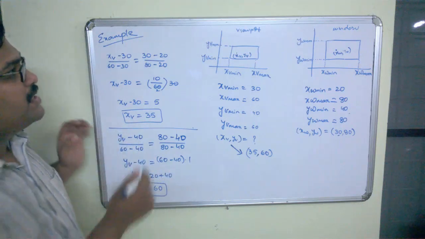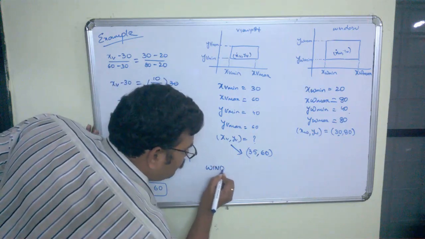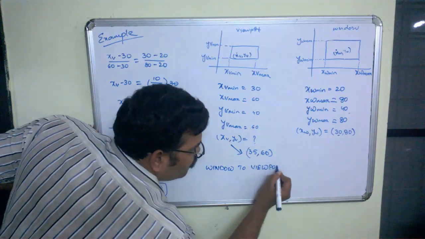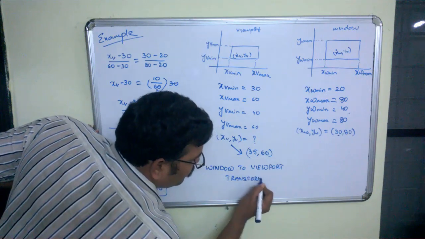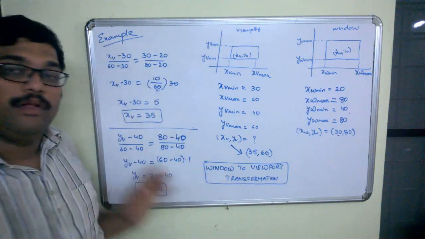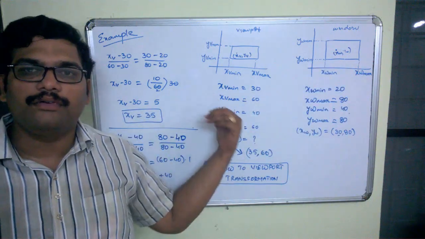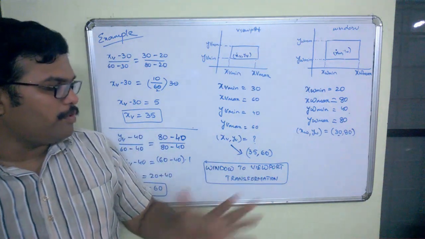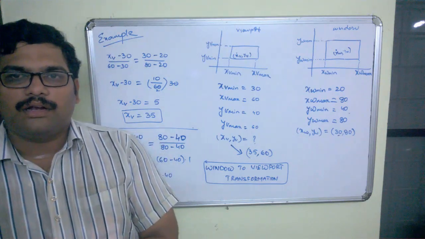This concept we call window to viewport transformation: taking the window coordinate and finding the corresponding viewport coordinates. In the next session we will discuss the clipping algorithms.